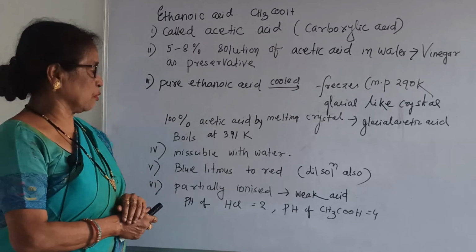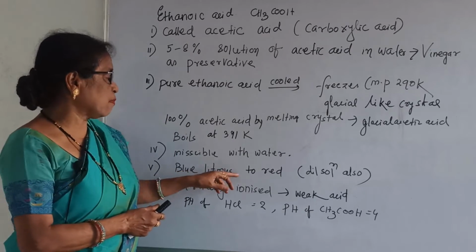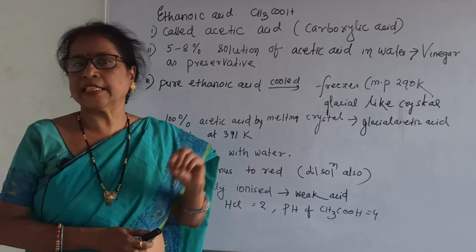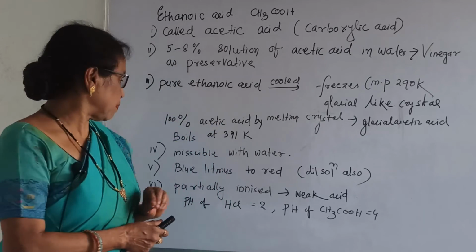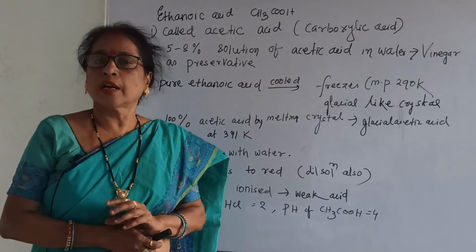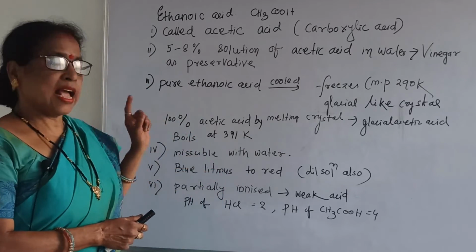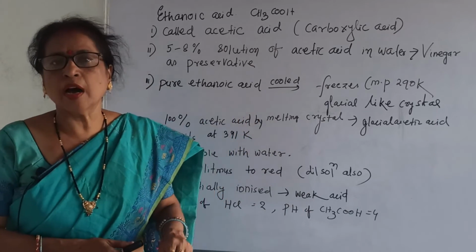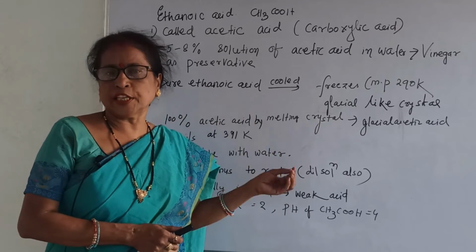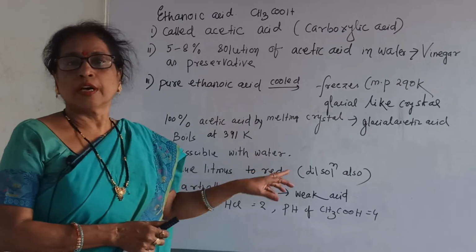It turns blue litmus to red, because it is an organic acid. That is why blue litmus paper changes to red, which proves that it is an acid. When you add litmus solution or blue litmus paper to acetic acid, it changes to red.